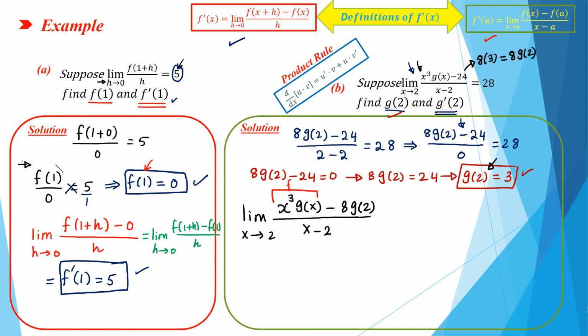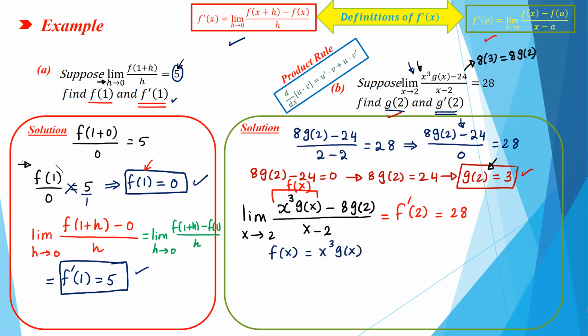So name this function x to the third power times g of x as f of x, then this will equal f prime of 2, and our limit equals 28. Now we have f of x equals x to the third power times g of x.